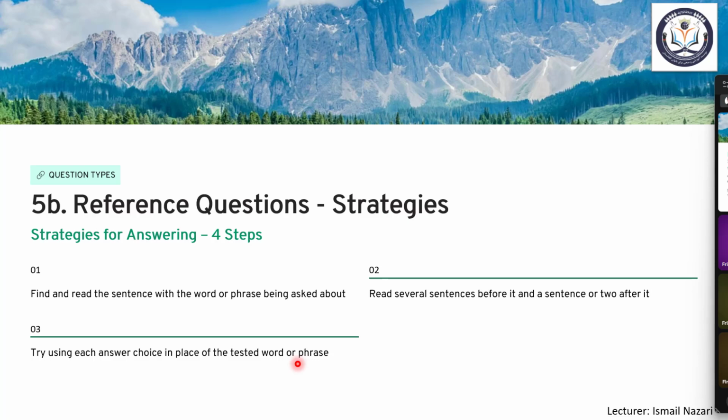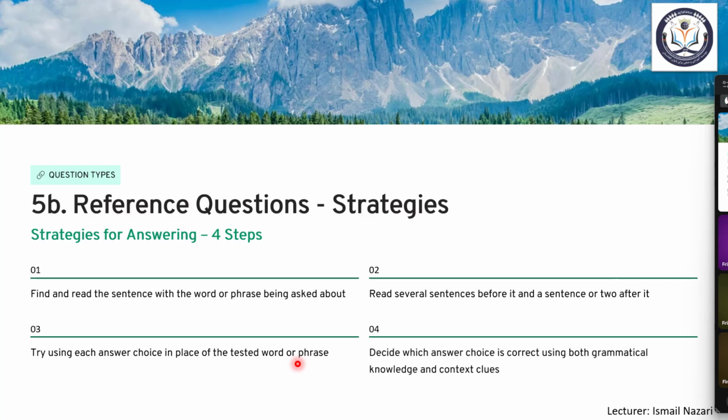As soon as you replace the referent word with the reference and it changes the idea, that's an incorrect choice. So logical replacement of the answer choice with the referent word inside the text is very important. Just replace that.